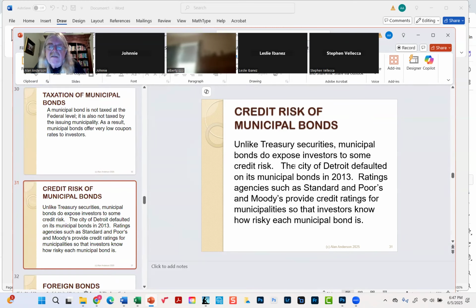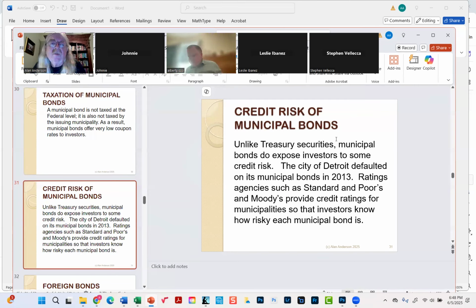Now these have credit risk though. You wouldn't think so, but a city can go out of business. Well, it can't go out of business, but it can go bankrupt. Like the city of Detroit in 2013, or the city of New York in 1976. It does happen occasionally. Even then, usually the debts are negotiated with the owners of the bonds, so they might try to stretch out the payments, or they might try to reduce the size of them.